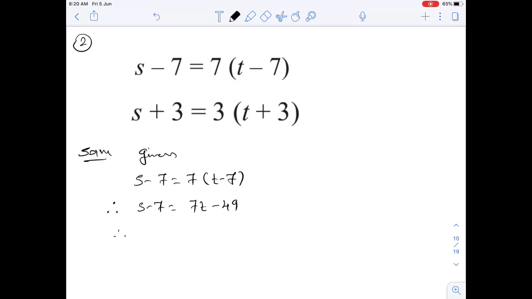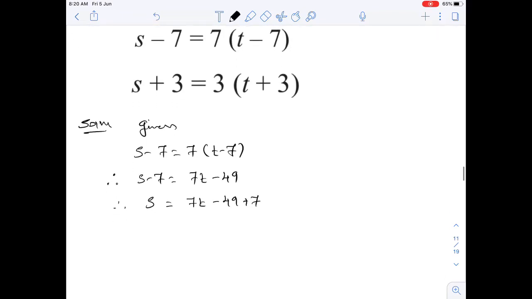Okay, therefore now you will get s equals 7t minus 49 plus 7, therefore s equals, you will get 7t. Now these both are having opposite sign, so subtraction will be there. Okay, so 49 minus 7 we have to write here, that will be 42, and the sign of the greater number, that is minus, so it will be minus 42. Okay, now let this be our equation number 1.